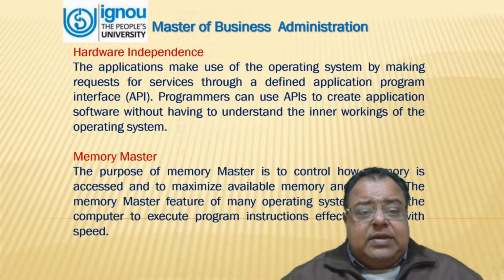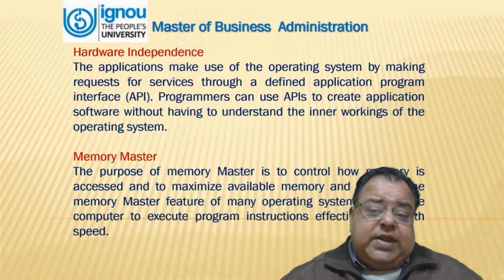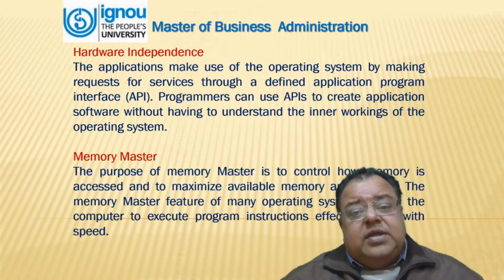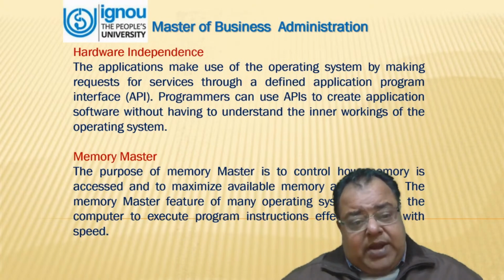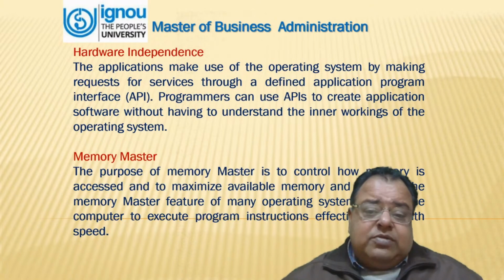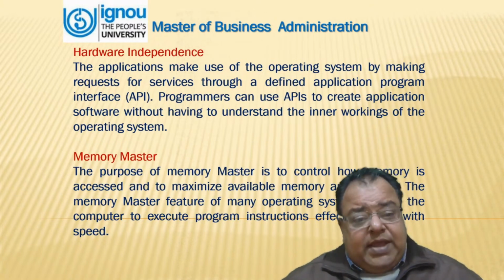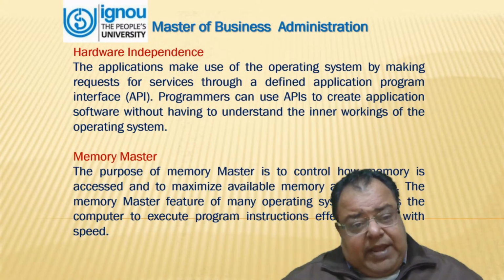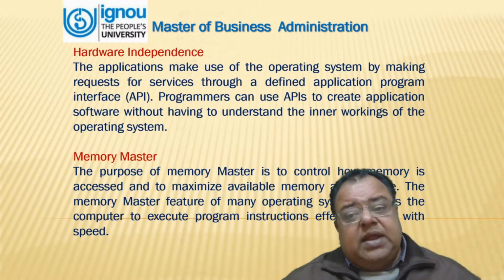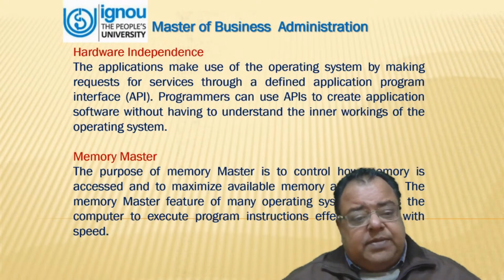The applications make use of operating systems by making requests for services through a defined application program interface, that is API. Programmers can use APIs to create application software without having to understand the inner workings of the operating system.